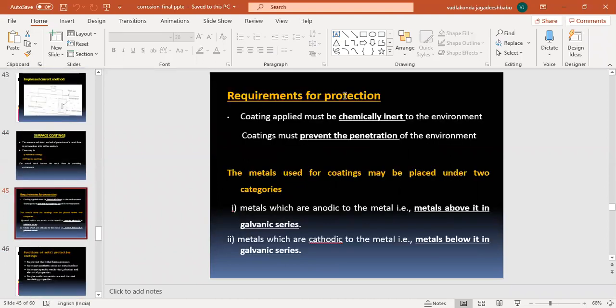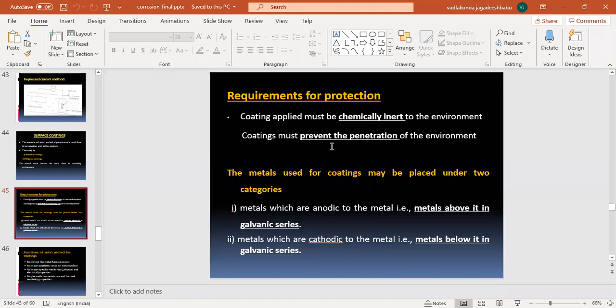So generally, what are the requirements for the protection that we have discussed here? The coating applied must be chemically inert. If the coating is active, it will lead to further corrosion of the metal. So whenever we apply a coating, it must be chemically inert to the environment so that it will not be influenced by the environment.